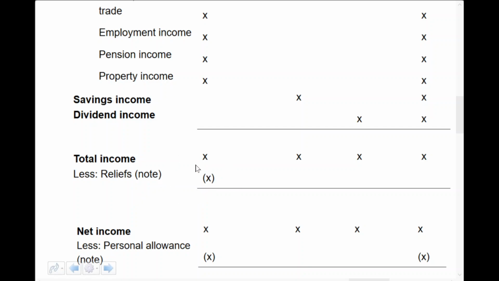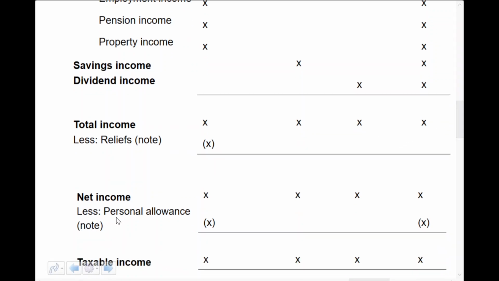This area of reliefs, note the order, non-savings first, reduces total income to bring us to this line, net income. What's happening here? We'll see something referred to as the personal allowance. Now, this is important. One of his little tricks, the TX examiner, is in this area. I'll explain a little bit more later. But what do we mean by personal allowance?